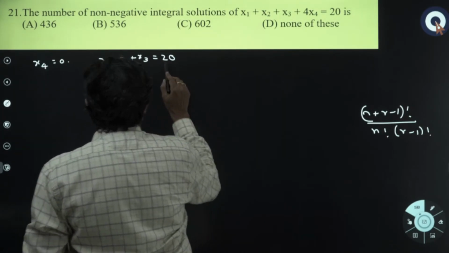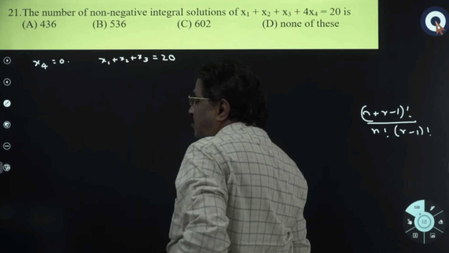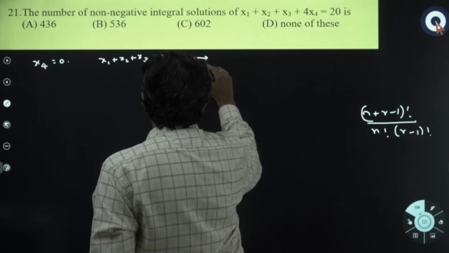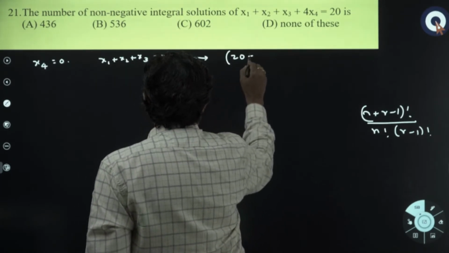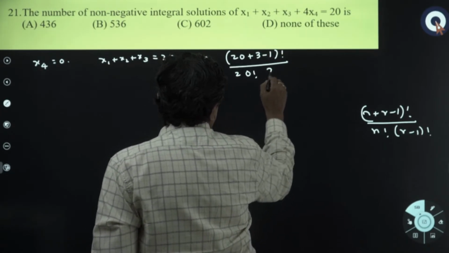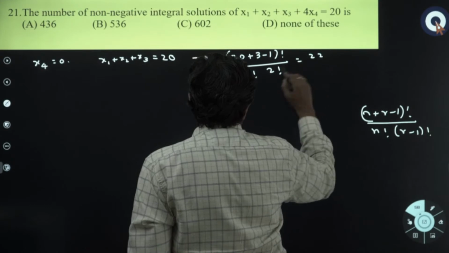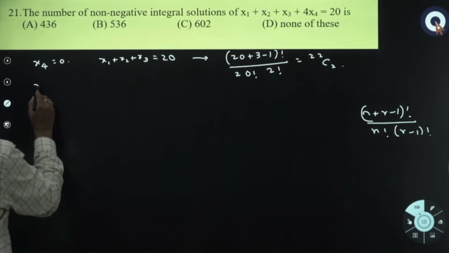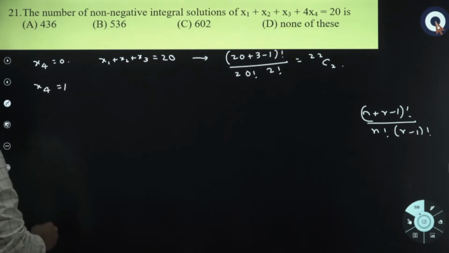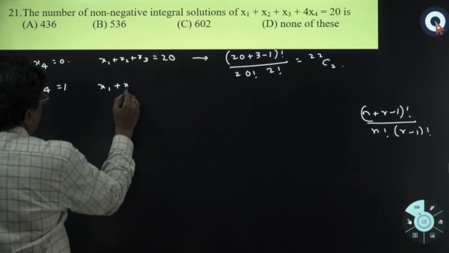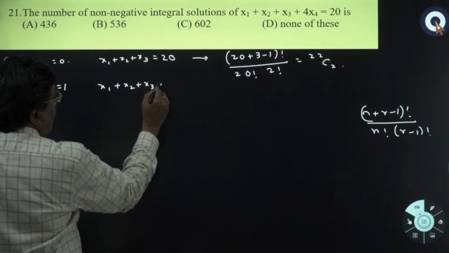The 20 identical apples are to be distributed to 3 people such that blank lots are allowed. This can be done in (20 plus 3 minus 1) factorial by 20 factorial into 2 factorial, which is 22 C2. Now if x4 takes the value 1, then x1 plus x2 plus x3 will become 16.